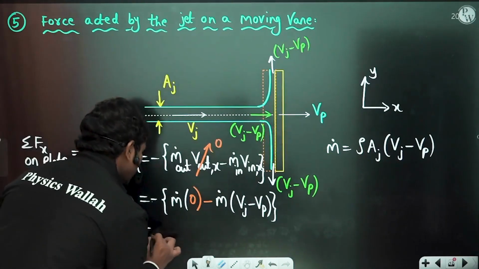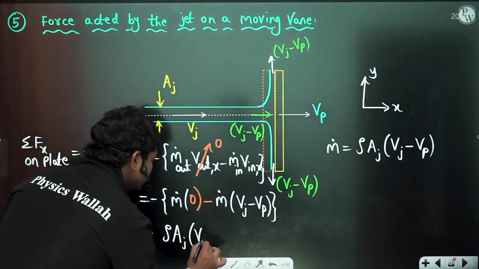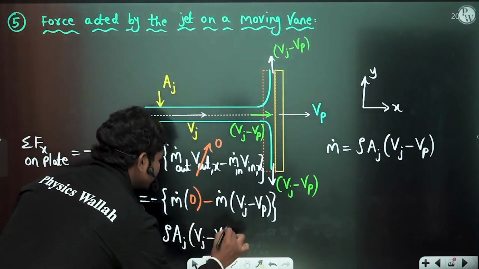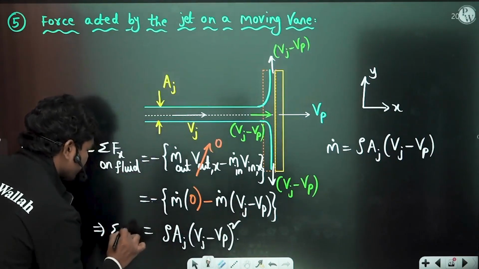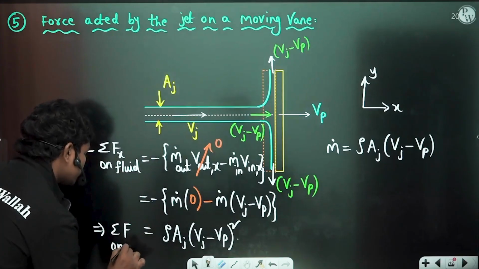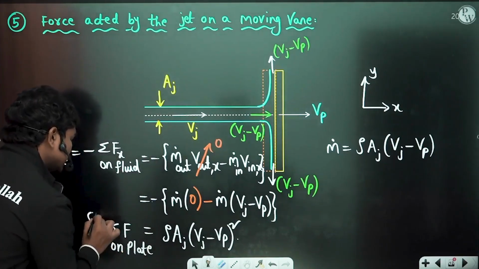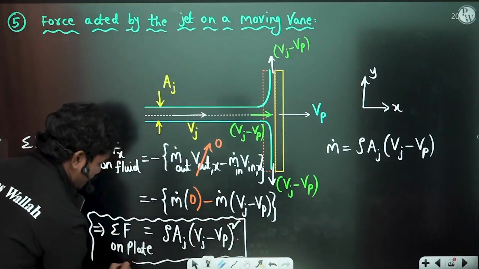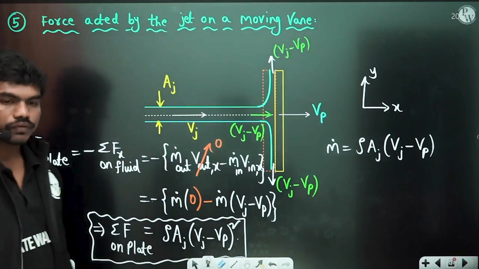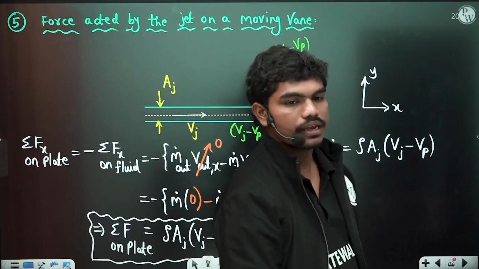So this is equal to rho Aj into Vj minus Vp squared. This is the force on the plate by the fluid, of course. Only the fluid is exerting the force on the plate. So we have rho Aj times Vj minus Vp whole squared.